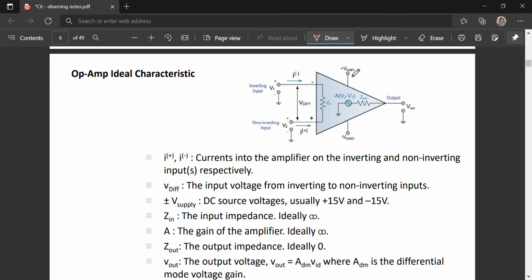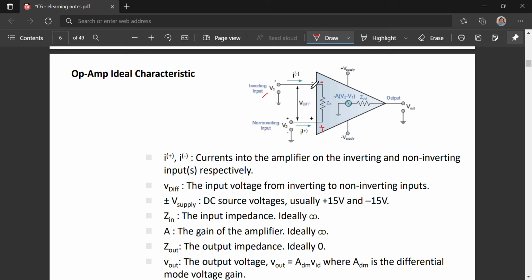Ideally, this is how the op-amp looks like. It has the inverting input connected to the negative part, and the non-inverting input connected to the positive part. The current flowing into the op-amp is labeled as I minus or I plus.